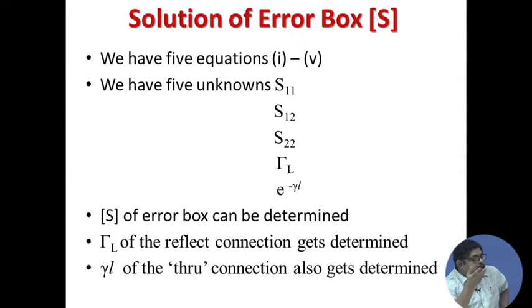So, that you can check. Also you can get the gamma L of your through connection. So, you see such a nice procedure: you make 3 such TRL connections, the network analyzer measures the S parameters, then it finds out the error boxes by this mathematics. So, at actual measurement time it can correct for those errors.